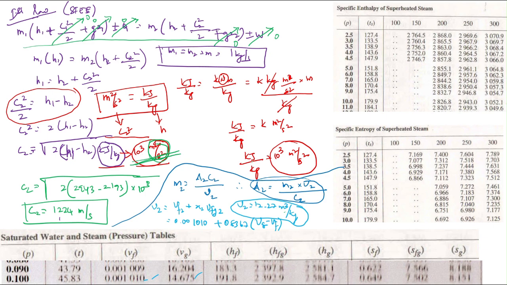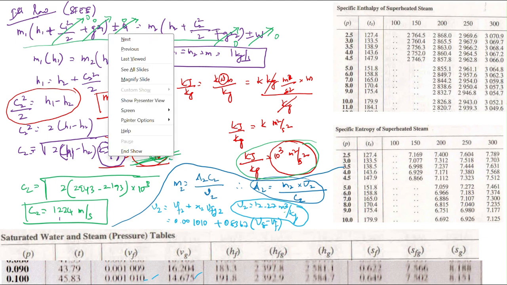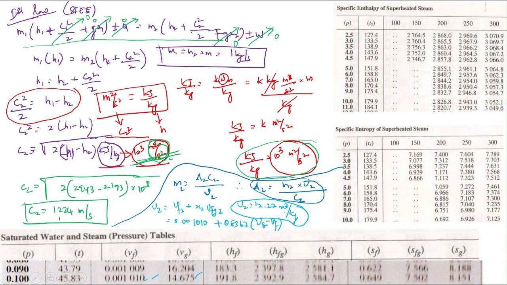So 1 kilojoule per kilogram is equal to 10 to the power of 3 meter square per second square. This is a significant part of the problem. Everybody made a mistake here because they don't know to convert kilojoule per kilogram into meter square per second square, simply substituting H1 and H2 without 10 to the power of 3. This is the most valid point in the problem. Many students made mistakes in this area.